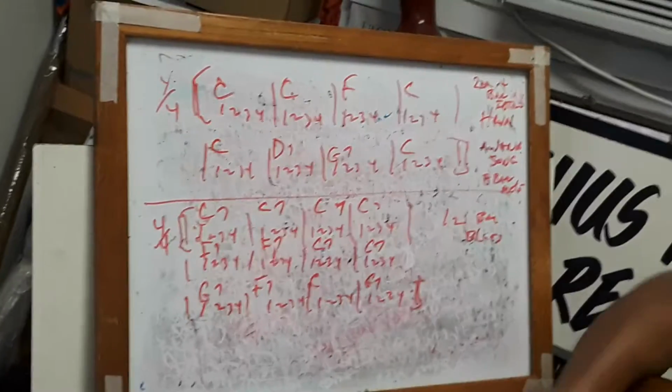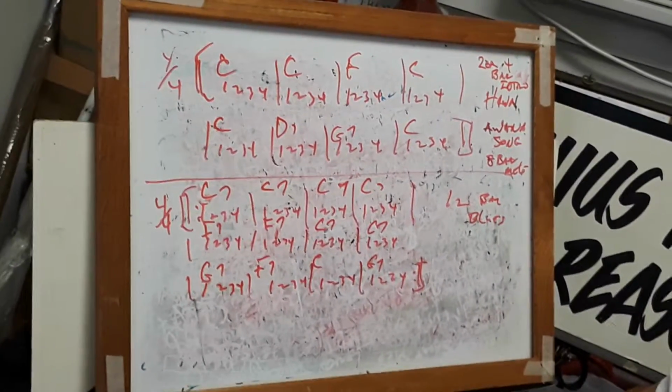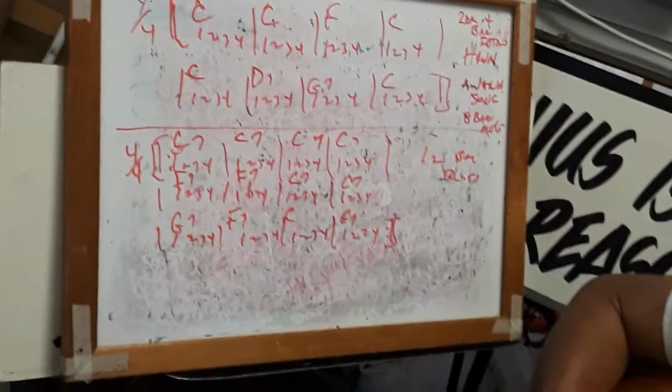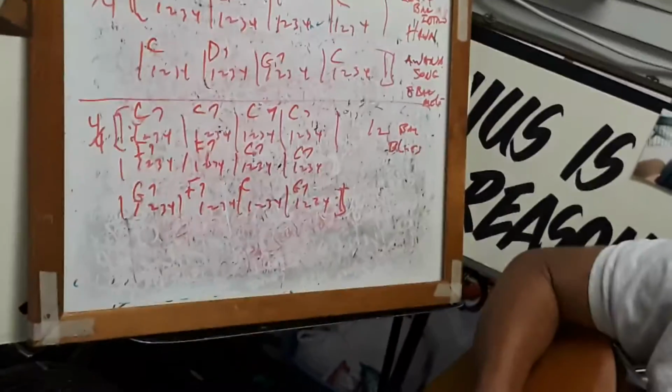Okay, so a lot of the Hawaiian songs, the Awana is 8 bars. So this one goes, vamp.